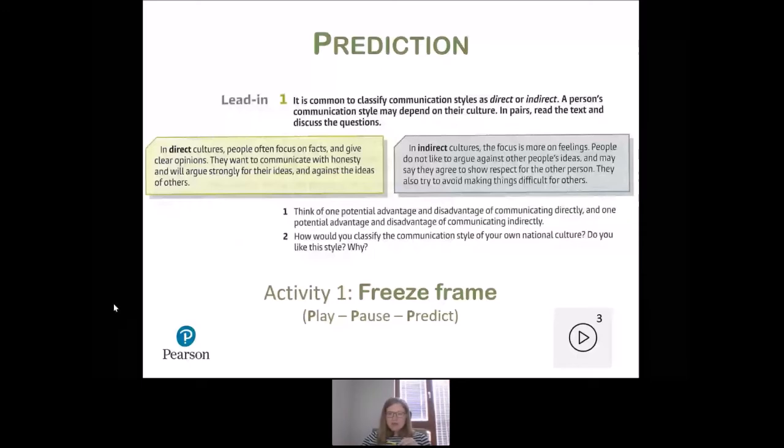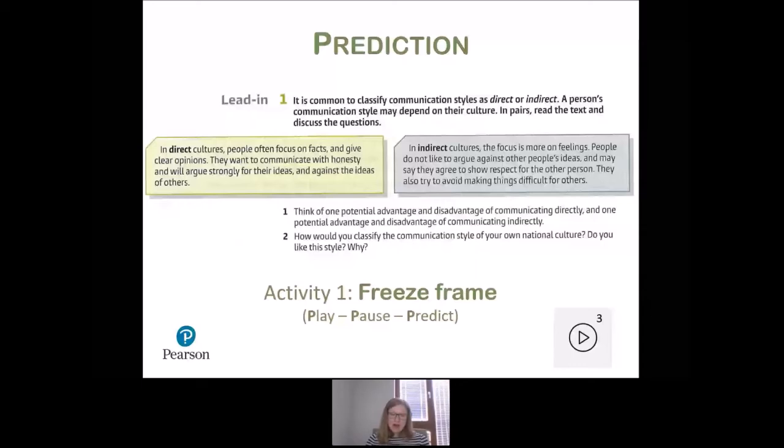Now the chat window disappeared for me, so I cannot see any answers. Okay, yeah, indirect. He will try to be direct, indirect. Yeah. So as I paused the video, or we stopped the video, now it's time for you to express your opinions. What would be better? What do you think is going to happen next?